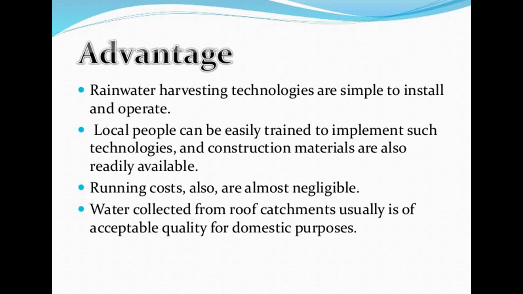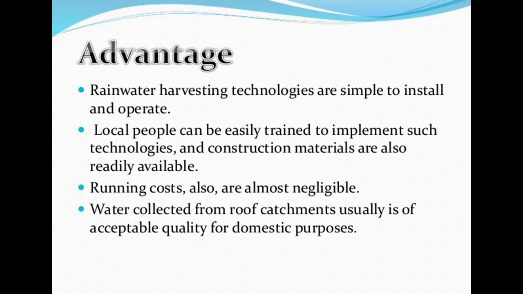Then local people can be easily trained to implement such technologies, and construction materials are also readily available. So the local people around you can easily get trained and implement these technologies at their homes, because it is not a difficult task to build such rainwater harvesting at your home.